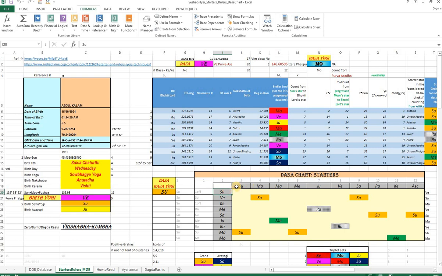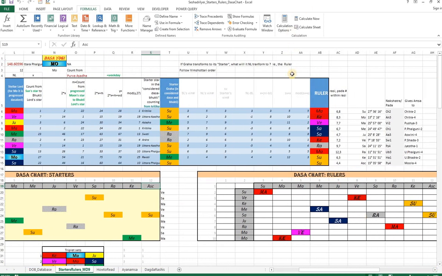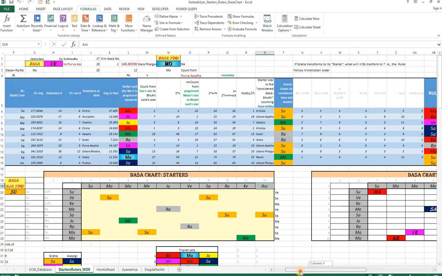After that, he writes the planets in the order of their weekdays and also ascendant. And there are some calculations. Basically, the starters are listed here for each of the bhuktis. So basically, the Excel does it for you. Similarly, the Dasa rulers are also put in here. How to use these starters and rulers is the idea behind it.